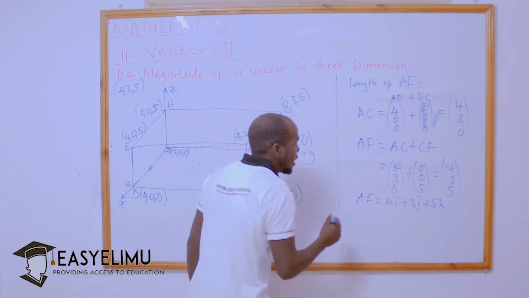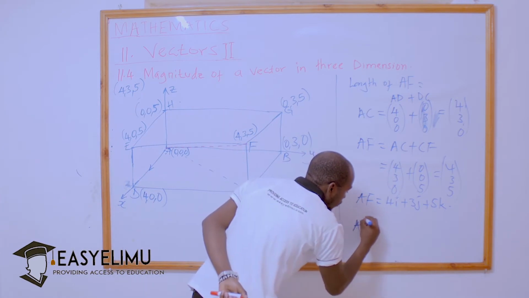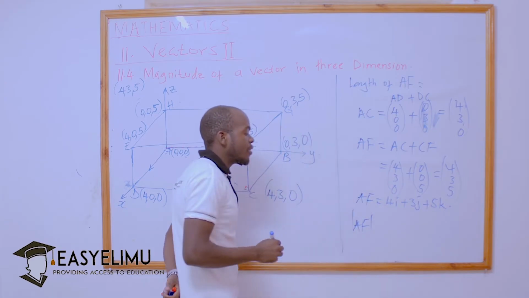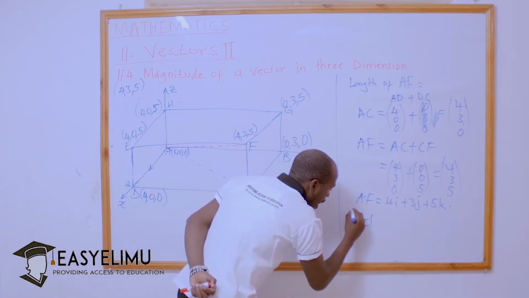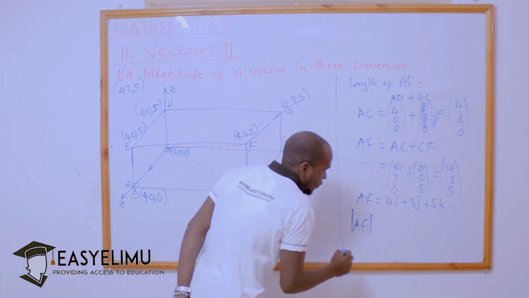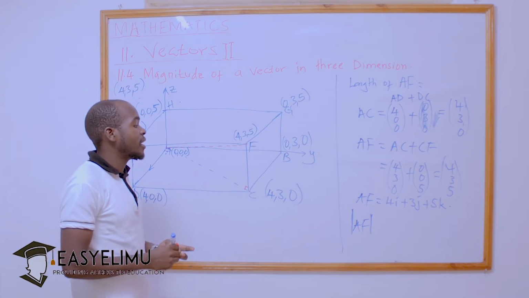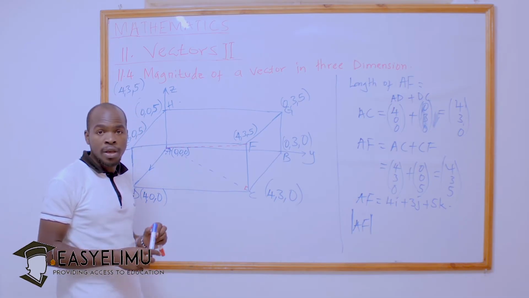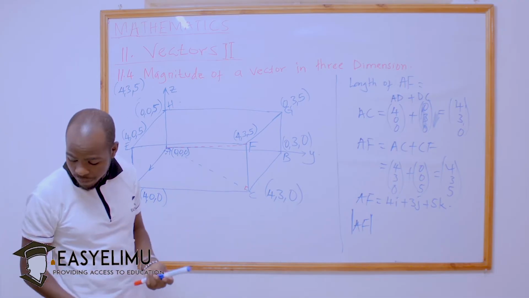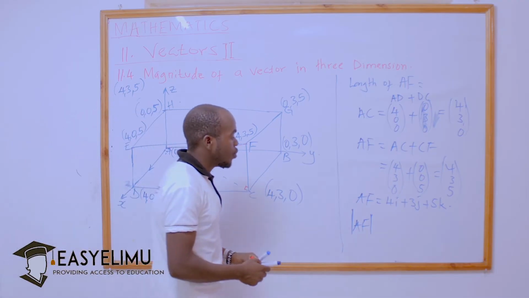So to find the length, or AF modulus, abbreviated with that symbol, know that they are asking for the length of that given quantity.